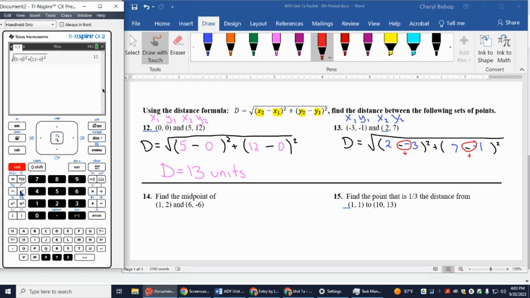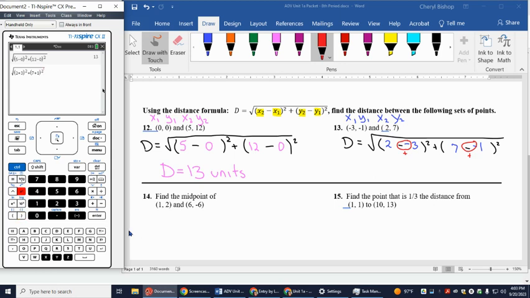So Control, square root, parentheses, 2 plus 3, or you can do 2 minus the negative. You have to use the minus key for the minus and the negative for the negative, or it will be wrong. Close parentheses, squared. Don't forget the squared. Don't forget the plus. Parentheses, 7 plus or minus a negative 1.